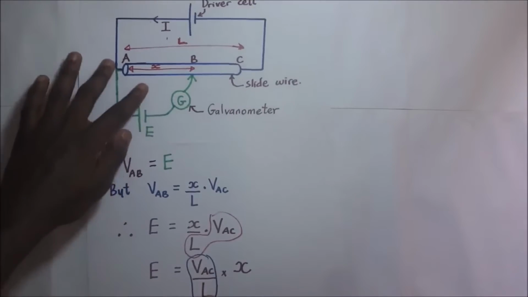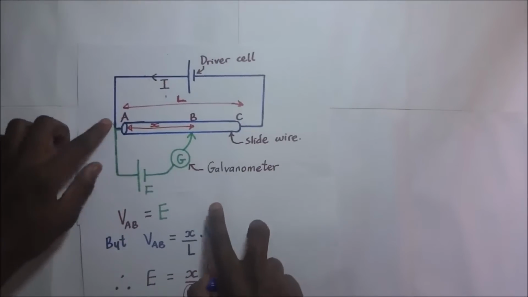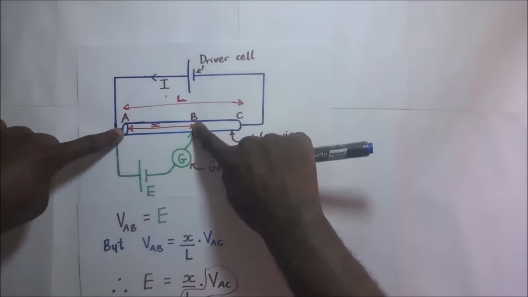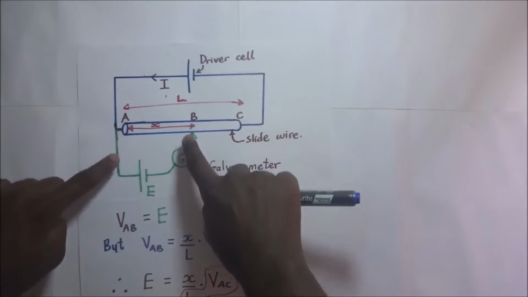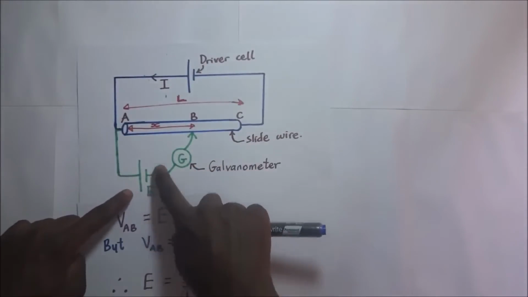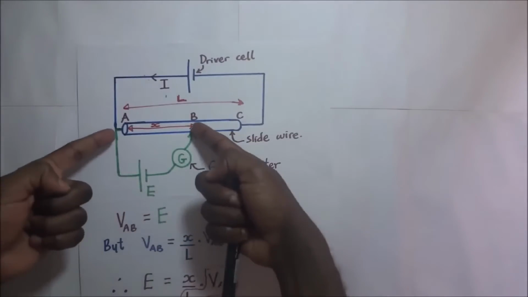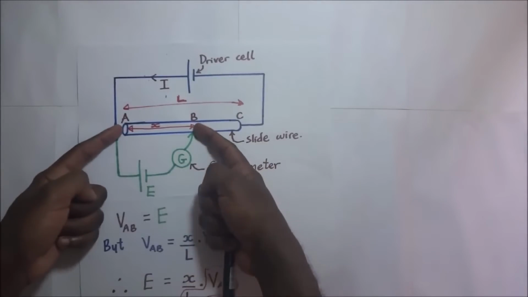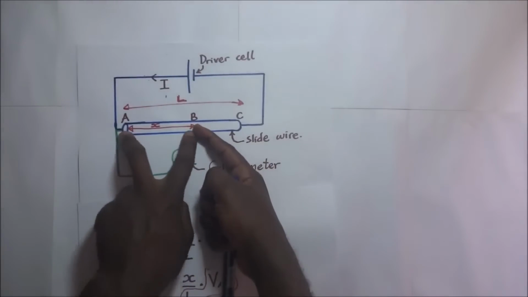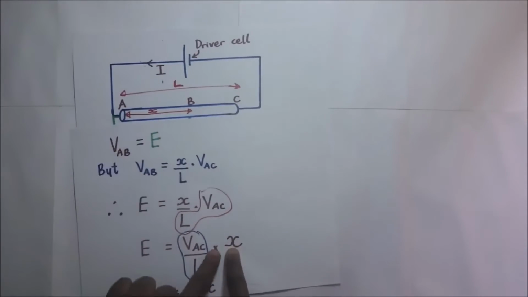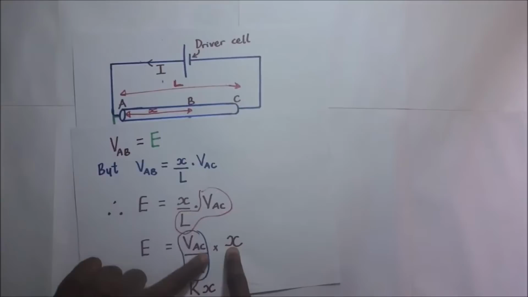Since when we obtain balance point, the potential difference across the balance length is equal to the potential difference across whatever we have in the secondary circuit, to easily get this potential difference we simply get the balance length, which is X, and multiply it by the PD per unit length.